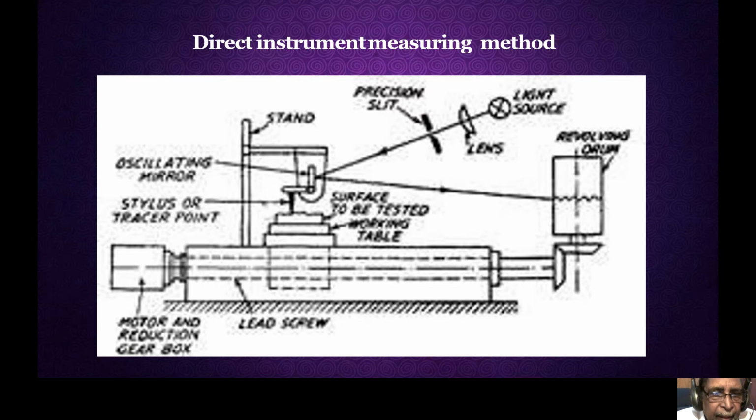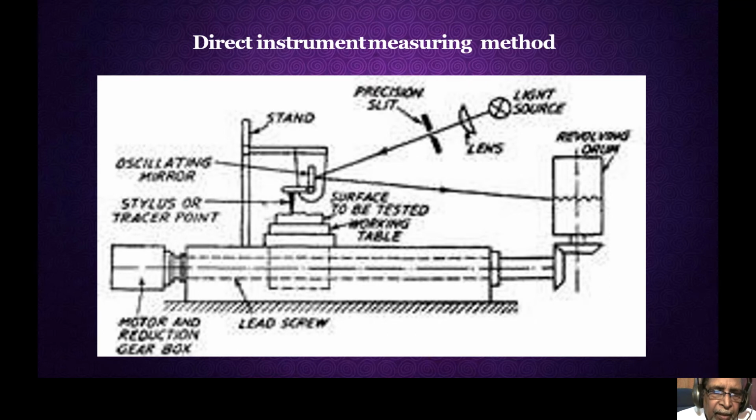And you are keeping a surface here which has some roughness. So what happens here? We have taken a lead screw, and over the lead screw there is a nut, and over the nut we have fixed a job which is to be tested.